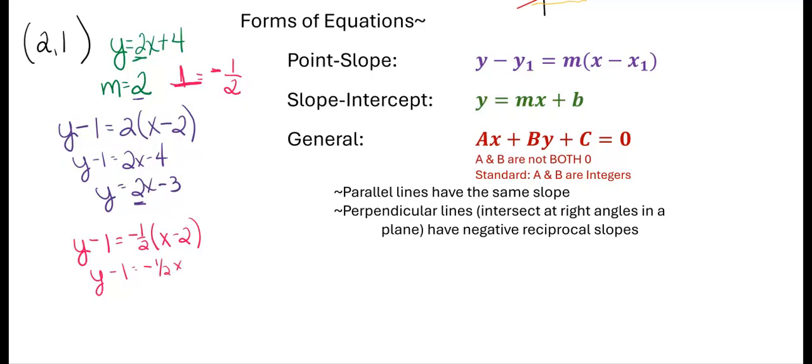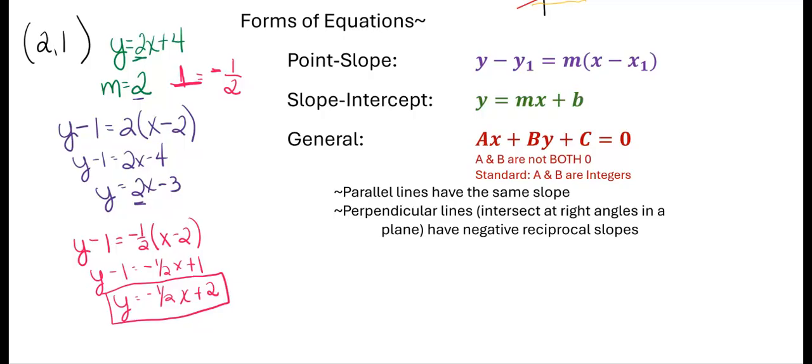Negative 1/2 times negative 2 is positive 1. And then I add 1 to both sides, and I get y equals negative 1/2 x plus 2. So there is the equation of a line that is perpendicular to this green line here and passes through the point 2, 1.